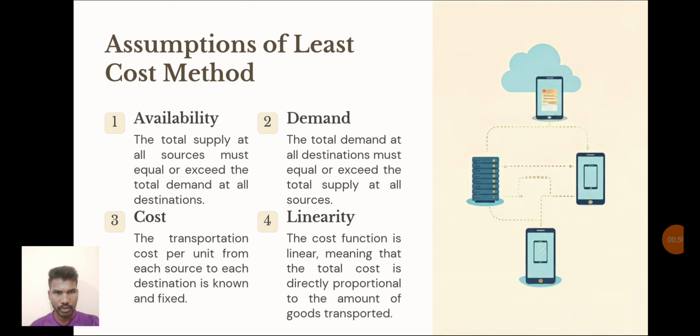Cost: the transportation cost per unit from each source to each destination is known and fixed. Linear: the cost function is linear, meaning that the total cost is directly proportional to the amount of goods transported.